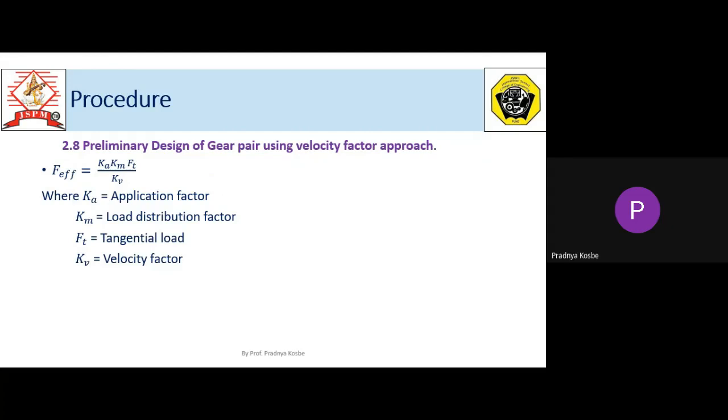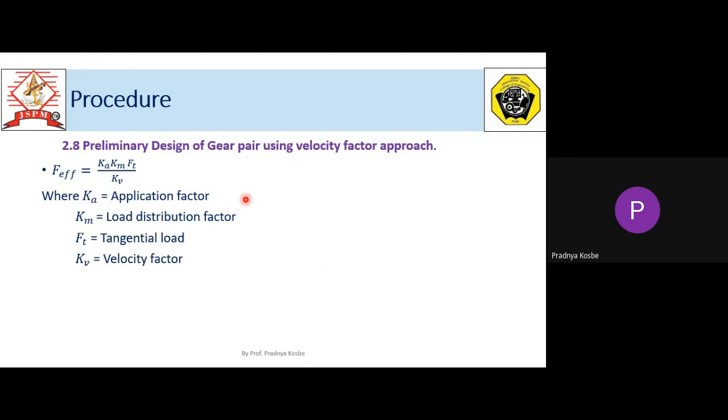Already we have decided that the velocity factor is 6 divided by 6 plus V. Then F effective is equal to K Km Ft by Kv, where K is an application factor.